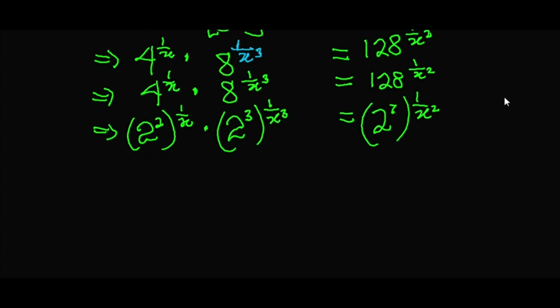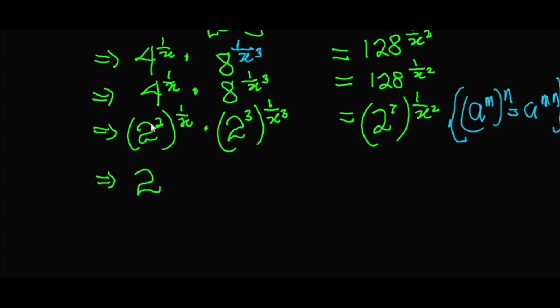So we apply the indices rule again: a to the power m raised to the power n equals a to the power m n. Applying this rule, we can write 2 raised to the power 2 times 1 gives us 2, so 2 over x, multiplied by 2 raised to the power 3 times 1 gives us 3, so 3 over x to the power 3, equals 2 to the power 7 over x squared.